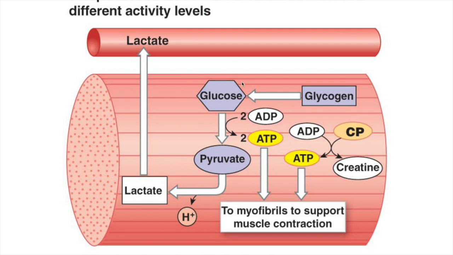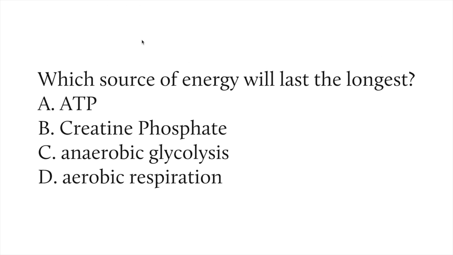So it will break down glycogen into glucose, into pyruvate, and that produces lactic acid as a byproduct. Alright, so which source of energy will last the longest? And the correct answer is aerobic respiration.